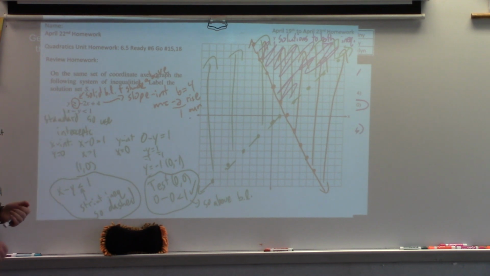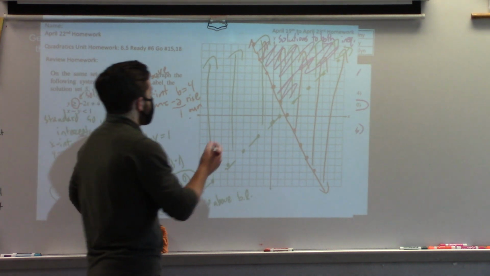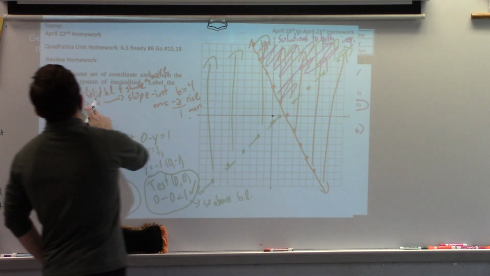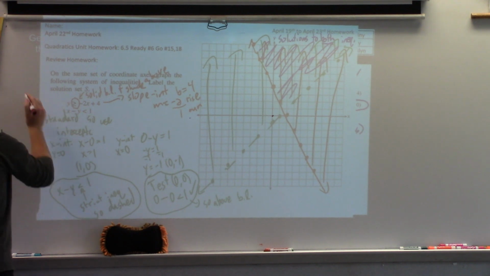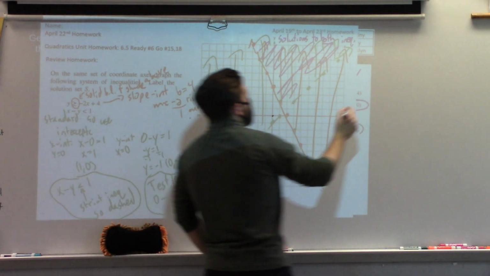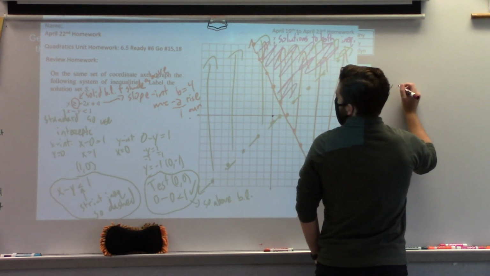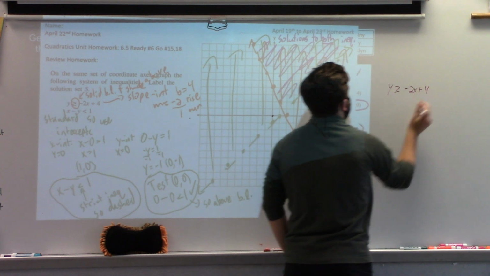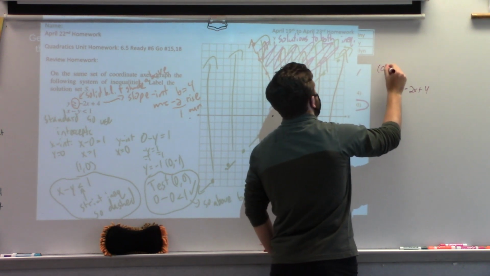Can you go ahead and show them, let's test 0, 0 on that one, because I think that's a good question. So 0, 0 was tested on the first inequality. I'm just going to rewrite it, so y is greater than or equal to negative 2x plus 4. Now we substitute the point 0, 0.